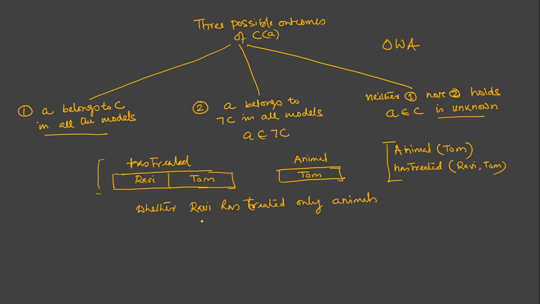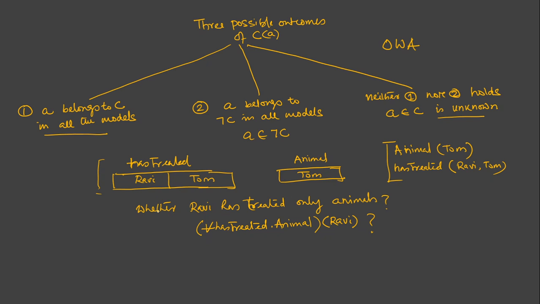The description logic way of saying this is, for all has treated animal. So this is the class expression, which means things that have treated only animals, and we are trying to see whether Ravi is a member of this class. So this is the kind of query that we have, right?